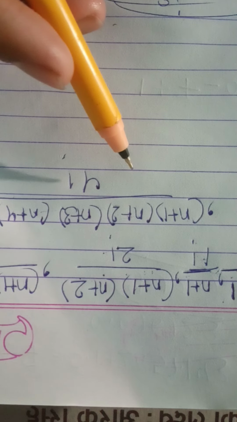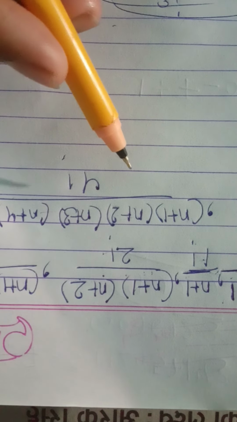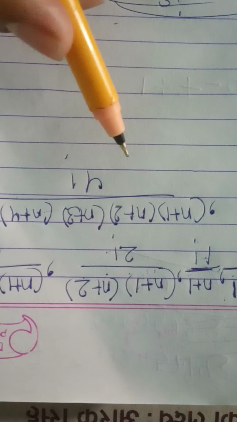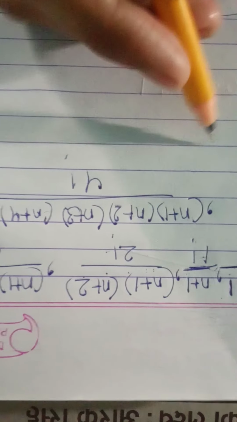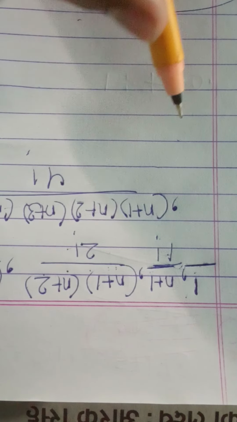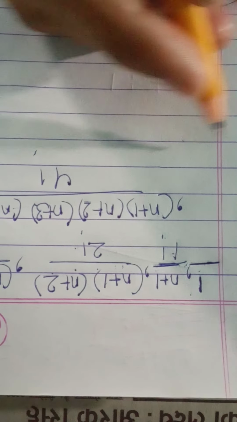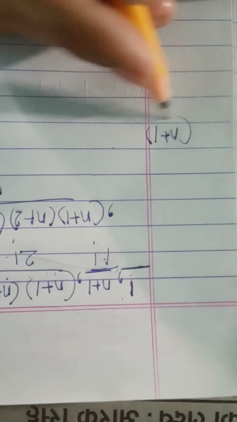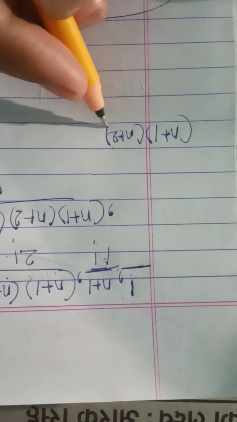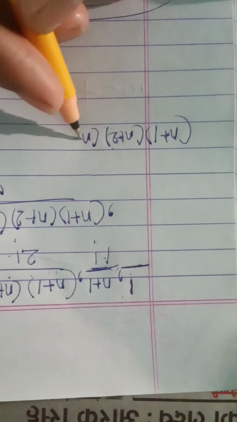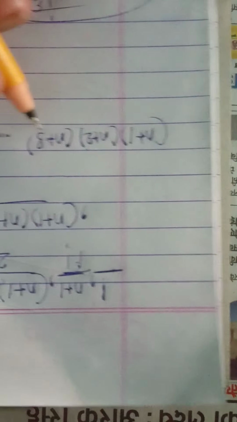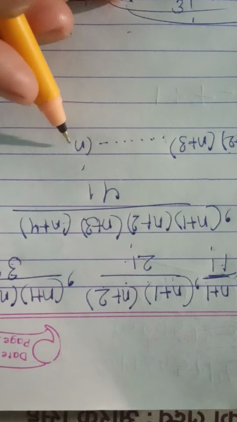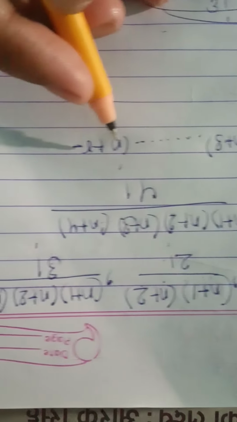You can calculate the number of terms in an r-term expansion. The number of terms in an r-term expansion is n plus 1, n plus 2, n plus 3, dot dot dot, n plus r minus 1.